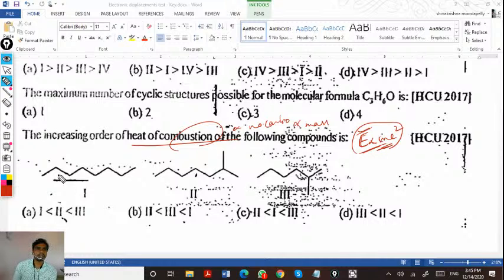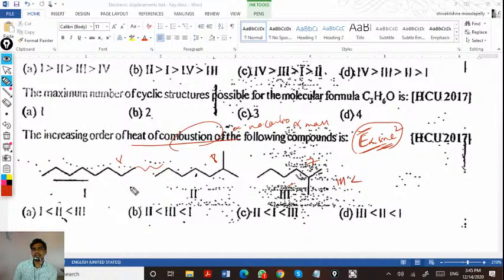So the number of carbons here is 8, here also 8, here 7. Among these three, these two will be maximum, then this is least. So 3 will be the least. And among these, if it is linear, it's going to have more energy when compared to non-linear.